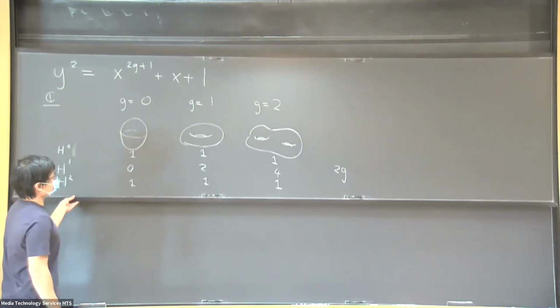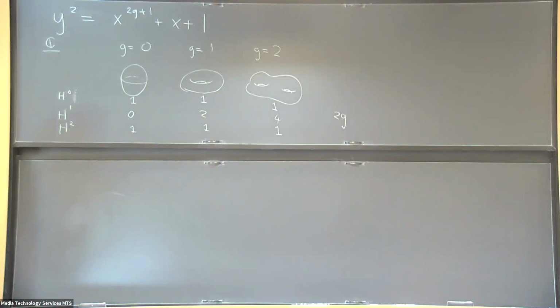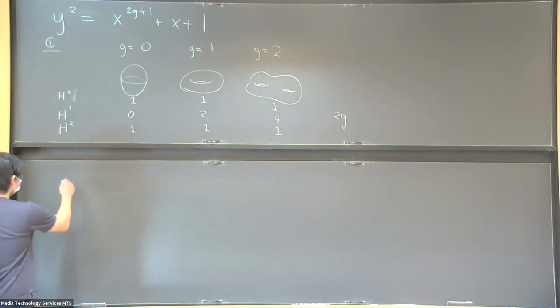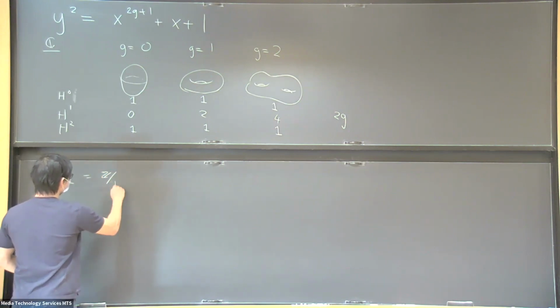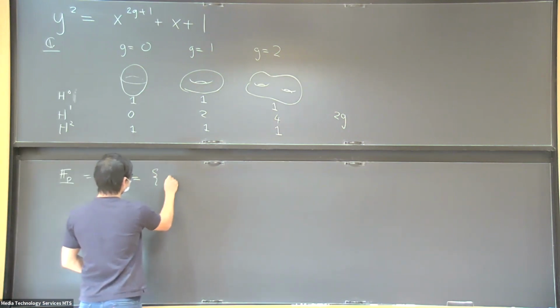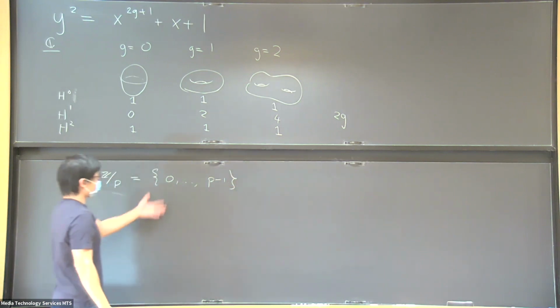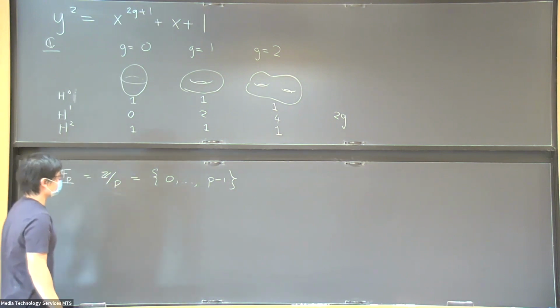Now, if you're a number theorist, maybe you have in mind other kinds of number systems in which you can contemplate solutions. For example, there's a field with p elements, sometimes known as F_p, or Z mod p. This consists of numbers 0 through p minus 1, where addition and multiplication are as usual, except at the end you have to reduce mod p, or take the remainder mod p.